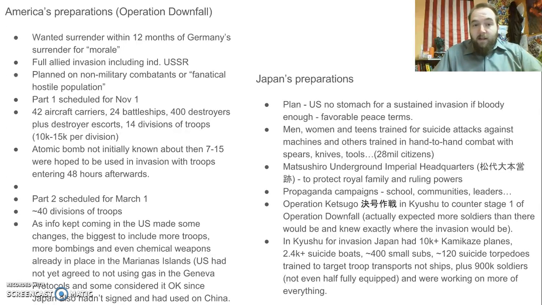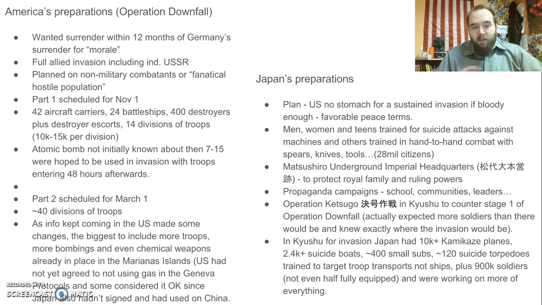They wanted full Allied support. This is going to eventually include the Soviet Union, although whether they really wanted the Soviets involved, that's an entirely different discussion. The U.S. was planning on non-military combatants, so when the U.S. soldiers got onto the beaches, got into the towns, they were expecting to have to kill civilians.